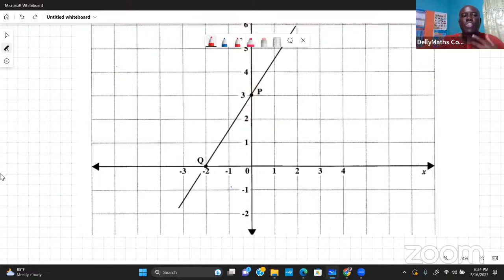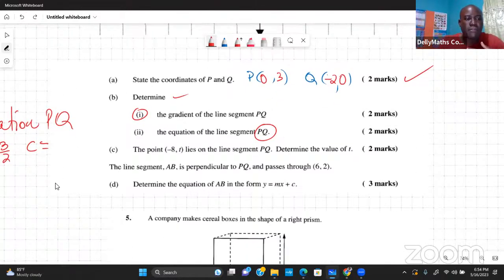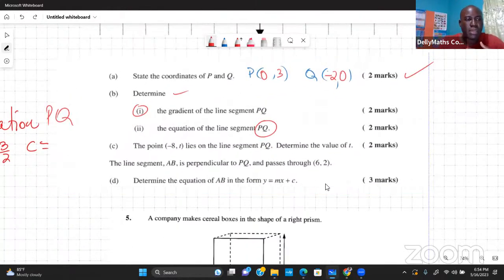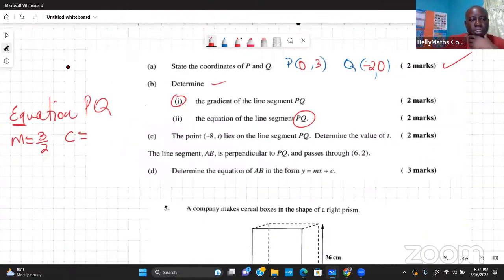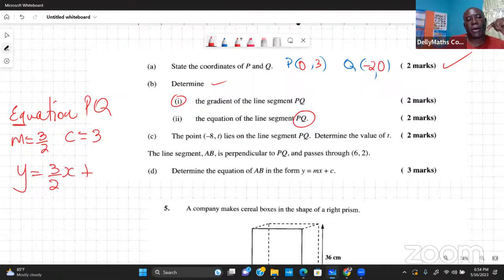Just utilize it and move on. At this moment, we're seeing that C is 3. So if I have my gradient and my y-intercept, then the equation of the line is y equals 3 over 2 x plus 3. And you get 2 marks for that.